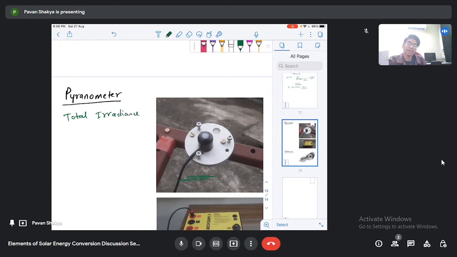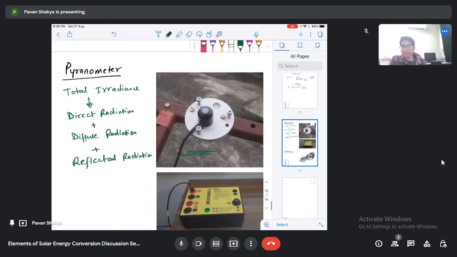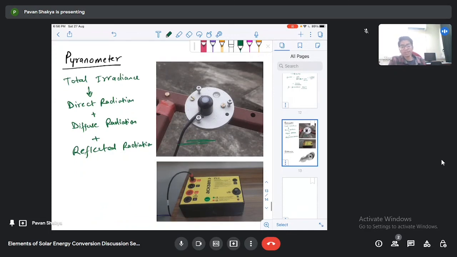Total irradiance means the direct radiation plus diffuse radiation plus any reflection from the surroundings.